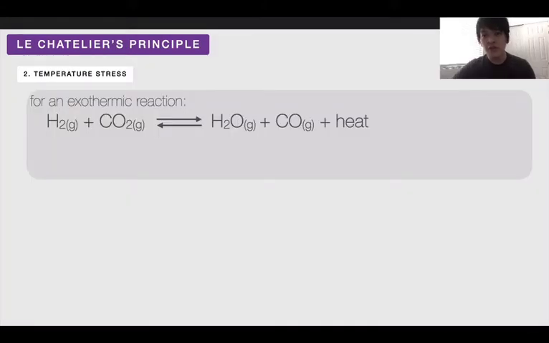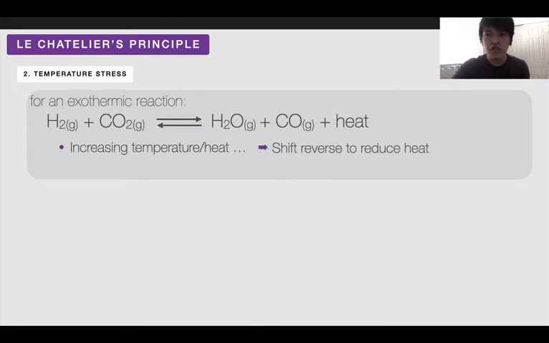Let's talk about exothermic reactions first. In these types of reactions, heat is a product, so we can represent it with a plus heat on the product side of the chemical equation. If this example equilibrium system is stressed by increasing the temperature or heat, then there'd technically be too much product. So to relieve the stress, the system should shift in the reverse direction to reduce the heat.